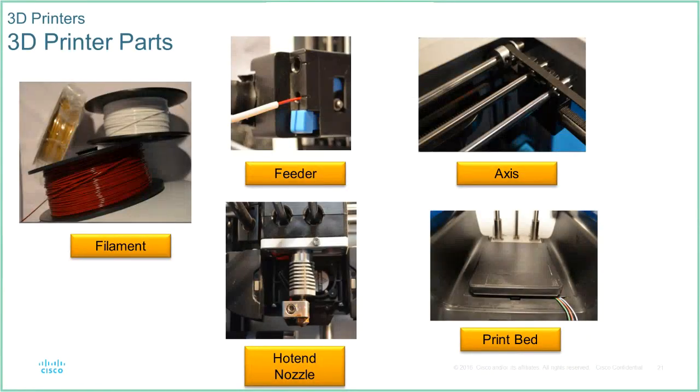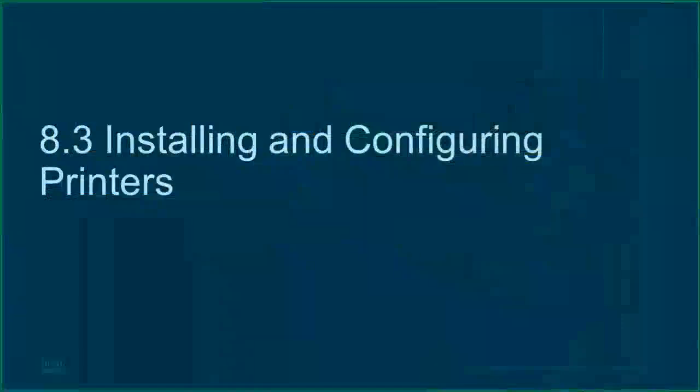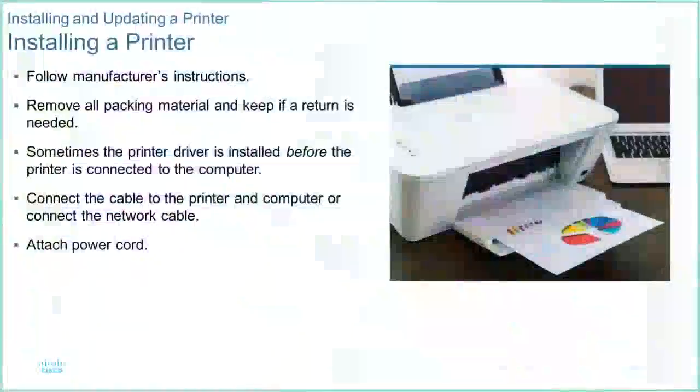So you've got the printer bed doing the z-axis, and the nozzle is doing X and Y. They're quite interesting to see running, and you're pretty much restricted to what your imagination can build as far as that's concerned.